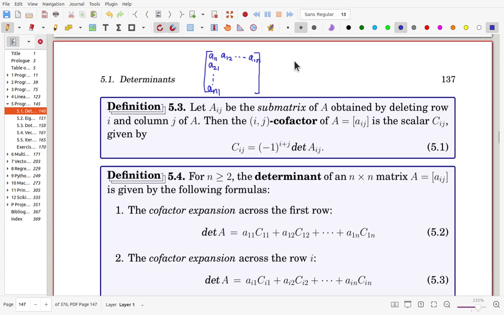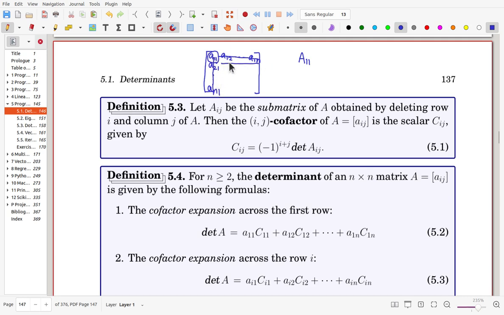For example, for capital A11, the submatrix is obtained in this way. For A11, we delete the row including a11 and the column including a11.